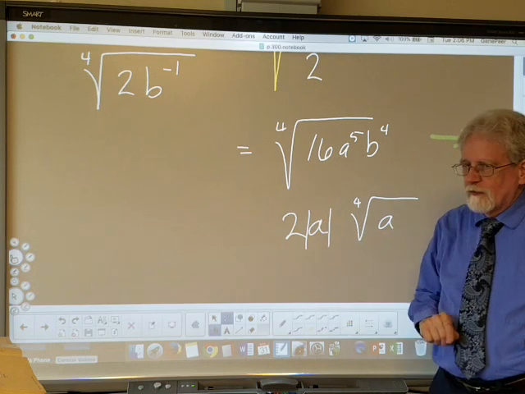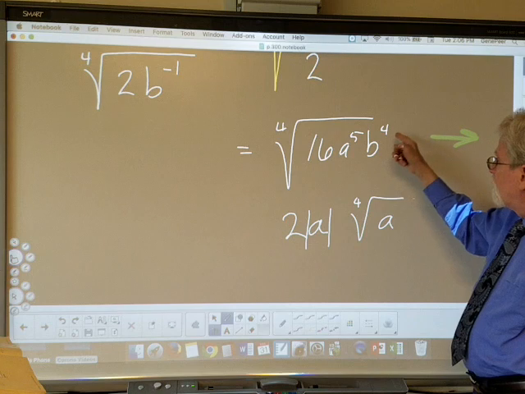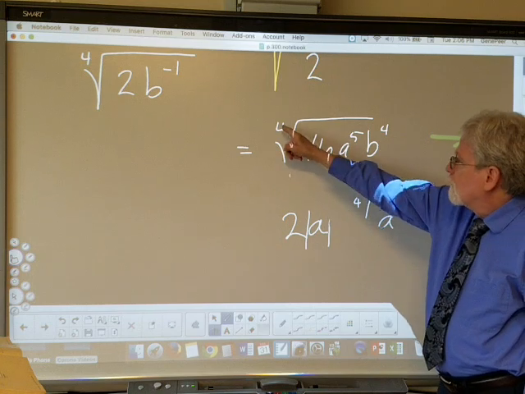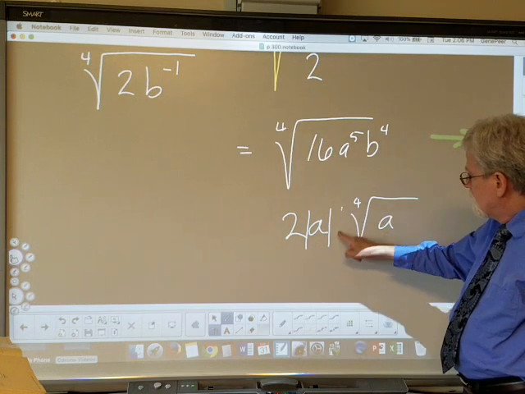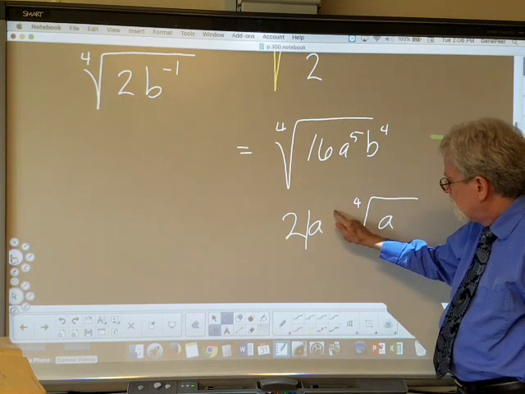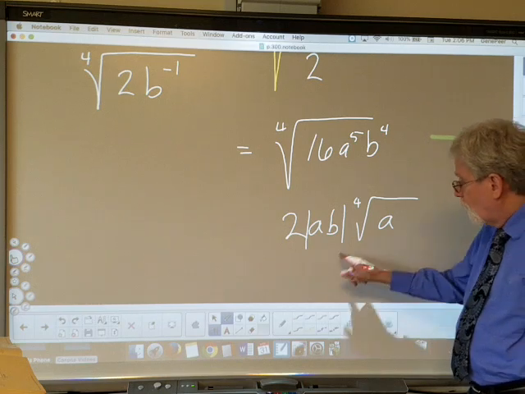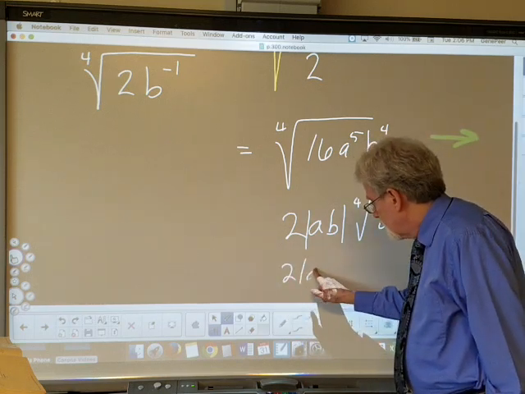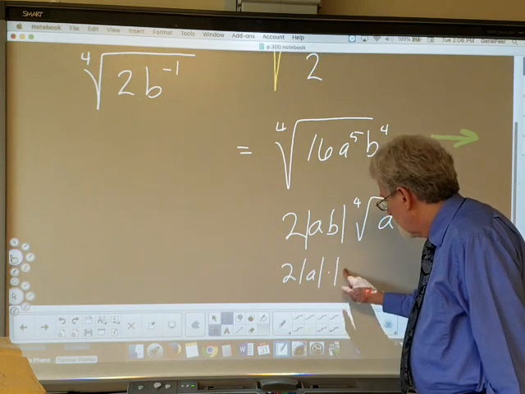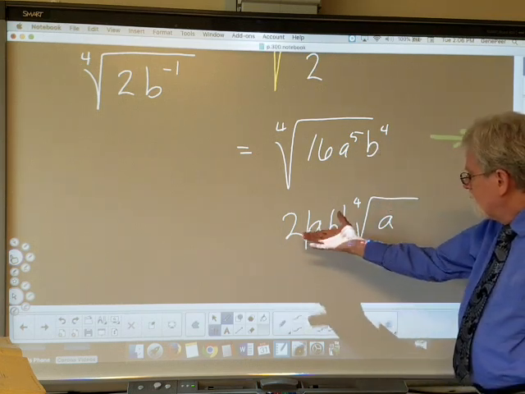I need absolute value. And then we have the 4th root of b to the 4th. Oh, well that's easy. The 4th root of b to the 4th is just b, also in absolute value. But can we just combine them under a single absolute value, absolute value of ab like that? Yes, we can. That's a whole lot nicer looking than that. So yes, put them under one absolute value sign. So we're done. It's over.